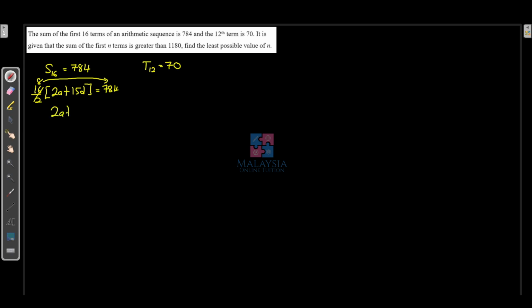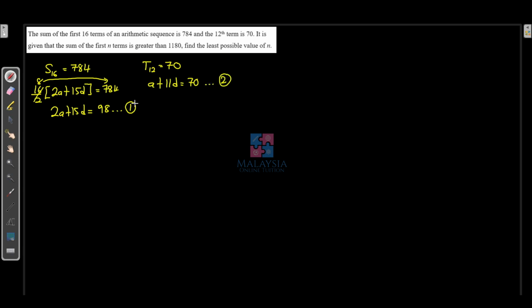So 2a plus 15d equals what? 784 divided by 8 is 98. I don't want to use a calculator, by the way. So 2a plus 15d equals 98. So we cannot divide by anything anymore. So this is the first equation. So for T12, this is a plus n minus 1, which means 12 minus 1, that is 11. So 11d equals 70. And straight away, this is the second equation.